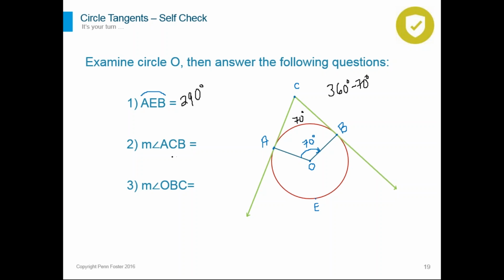Okay, number 2. What is the angle measure of ACB? ACB is the outside angle where the 2 tangents are intersecting. Remember the rule? Half of what? Now you know the major arc is 290 from the previous part, and the minor one is 70. What you need to do with them?